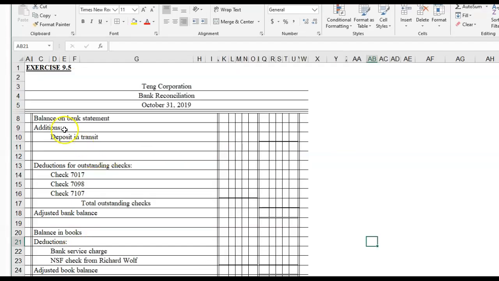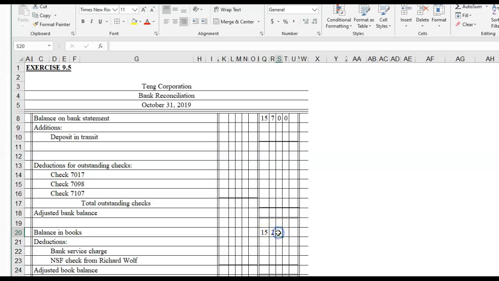The bank statement says that we have $15,700, but our book balance says we have $15,262.